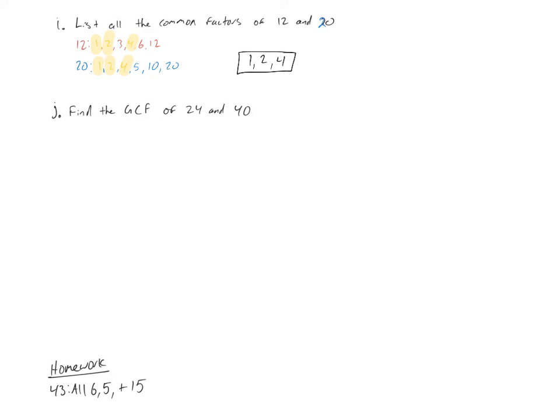Find the GCF, the greatest common factor of 24 and 40. So let's see if we can find all the factors of 24. 1, 2, I think we did this earlier. 3, 4. 5, no, 6. 8. 12, and I think 24.